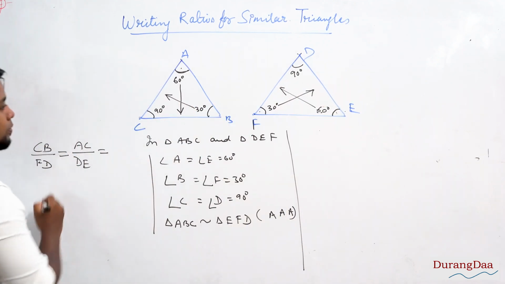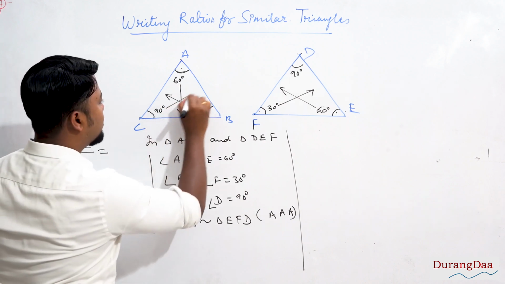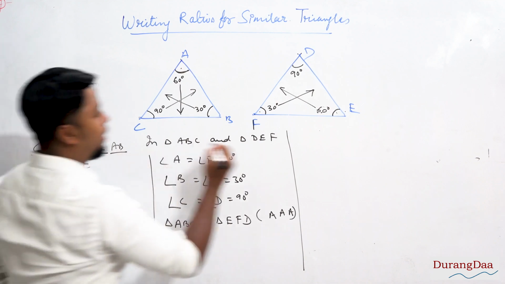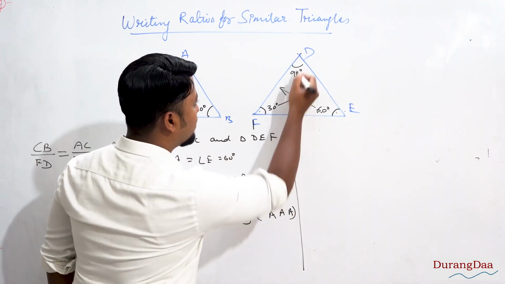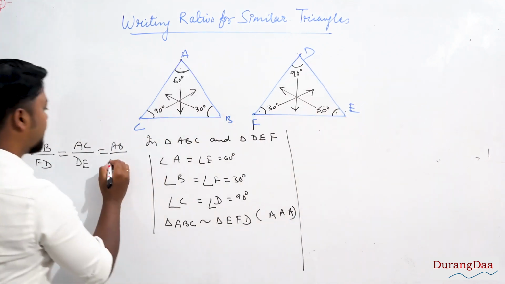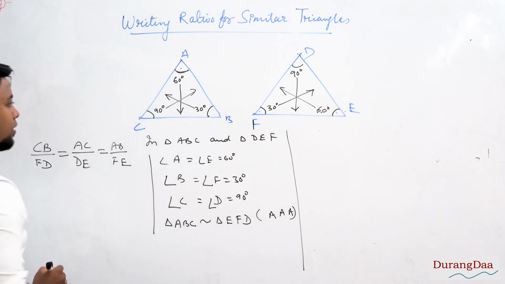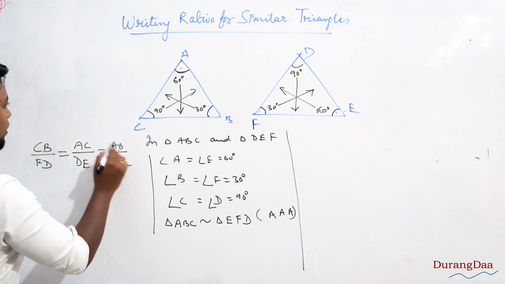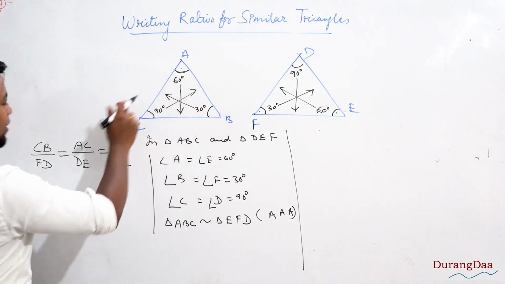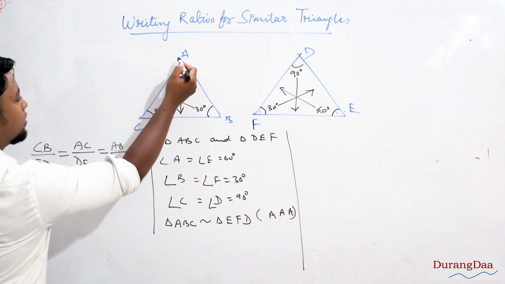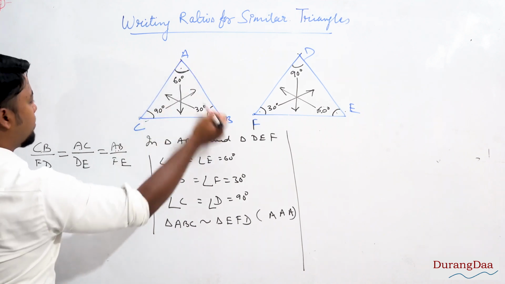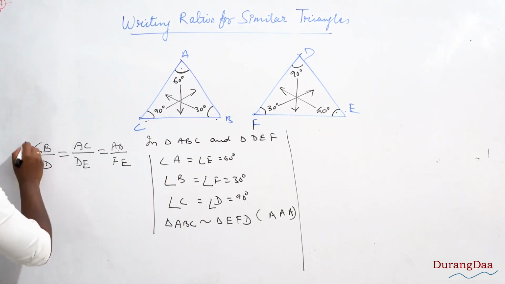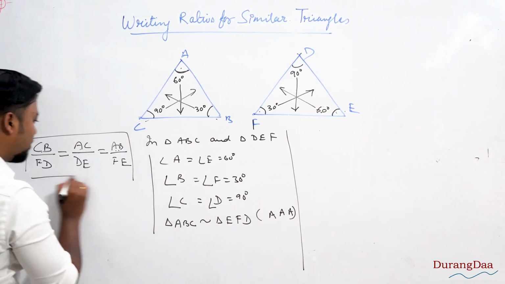Then 90 degrees, the side opposite is AB, and the side opposite the other 90 degrees is FE. To cross-check, the numerator has the sides of the first triangle, CB, AC, AB, and the denominator has the sides of the second triangle. This is how you find the ratios.